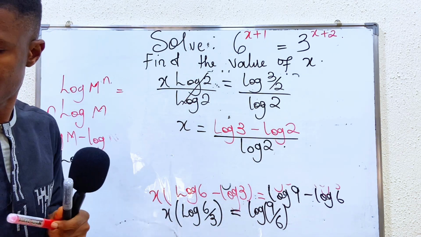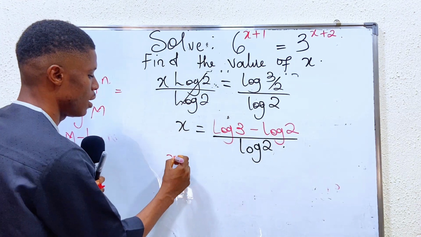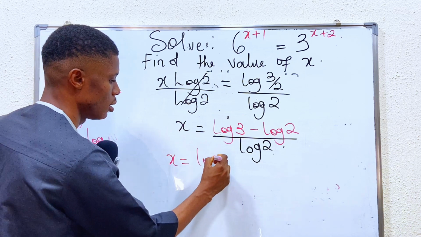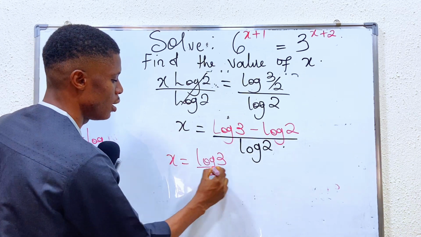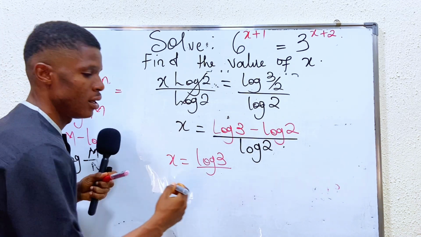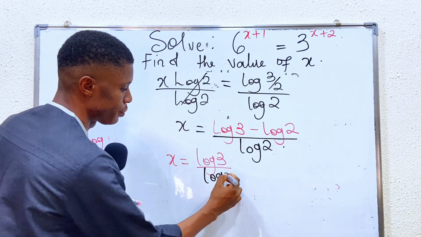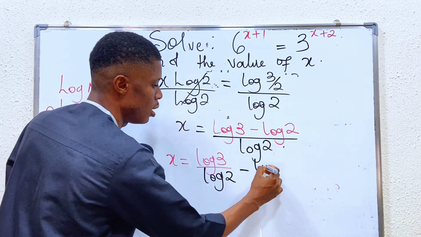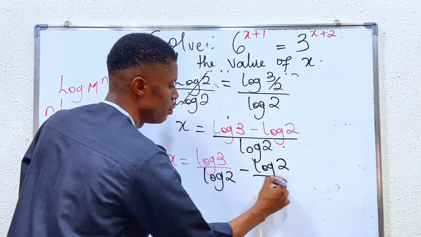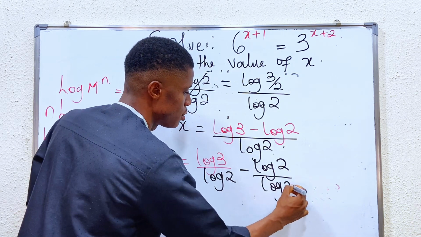So x will now be equal to log 3 over log 2 minus log 2 over log 2.